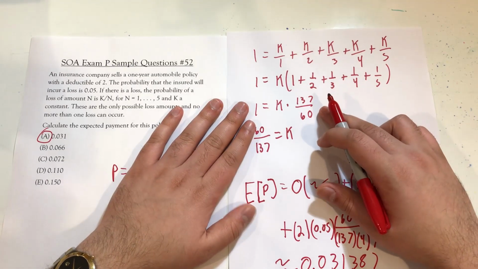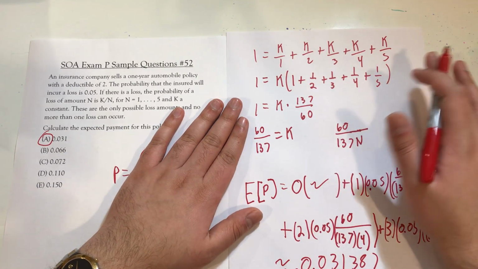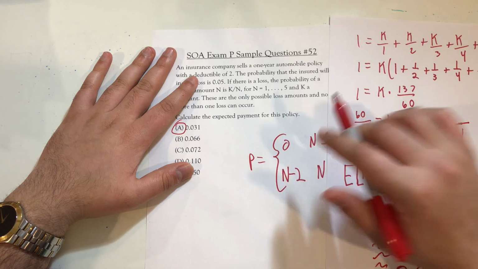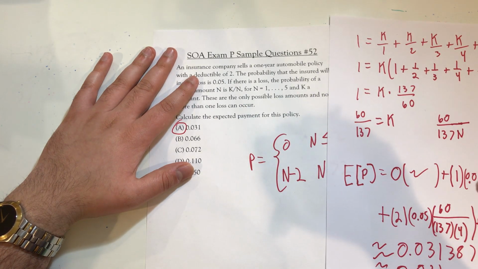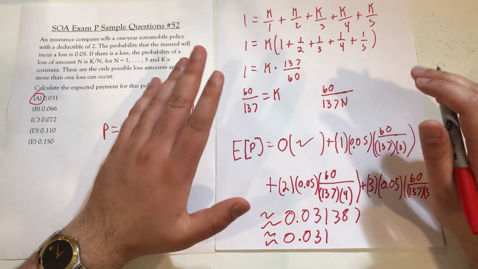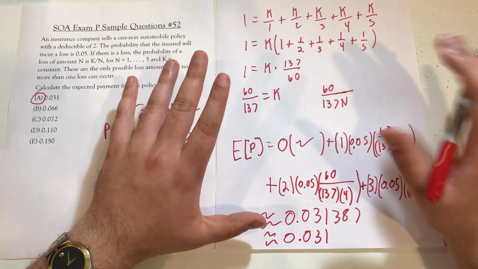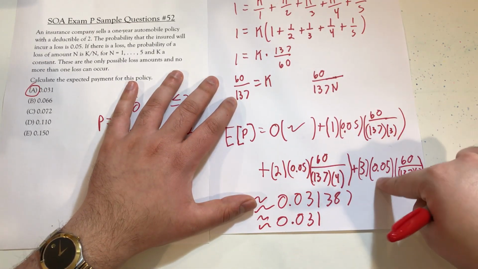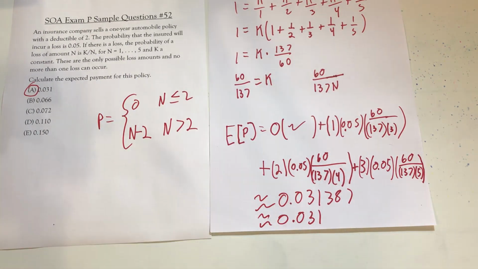Then I found K. Once that's done, it just comes down to finding an expected value, right? That's the second thing this tested on. Now, an expected value is always the specific amount by the probability of getting that amount. After that, it's just algebra. Not even, it's just arithmetic, adding and multiplying stuff. And that gets us to our answer.